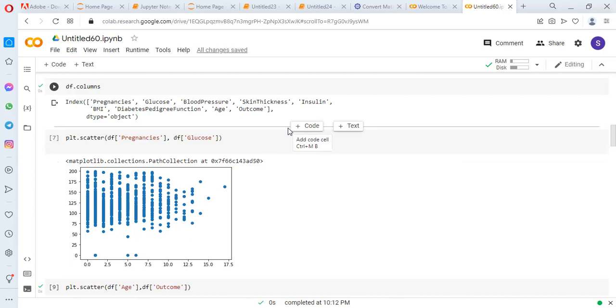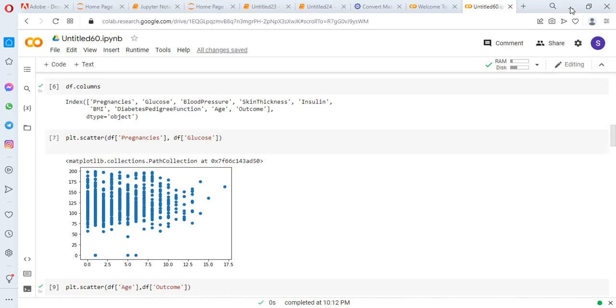Sir, in this data frame, what will be the actual value? This is the actual value, right? These are my predicted values. Now the actual values are dichotomous in nature.